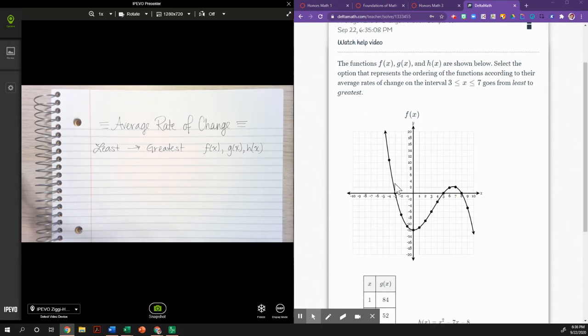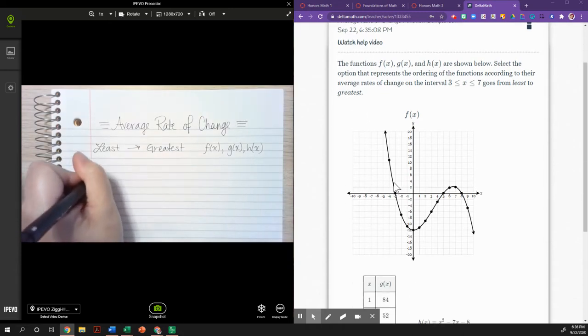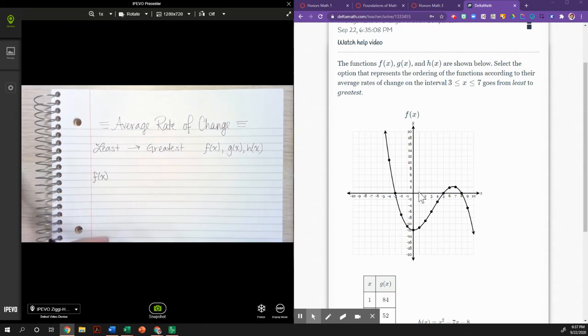So let's take f of x. We can't click on it, and that's kind of a shame. But we're looking at 3. I'm going to use my mouse pointer to draw on my screen. We're going to use this point right here, 3, and we want to go to 7. That's actually a pretty good line for me.